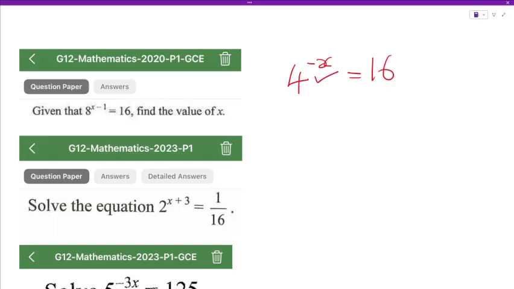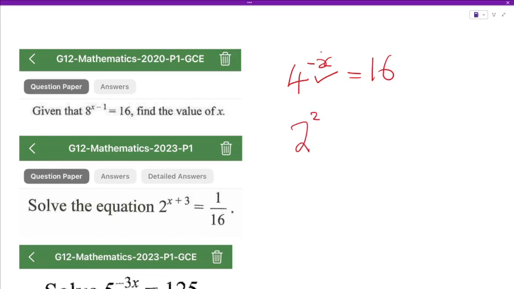You notice that this 4 can be simplified. You know that 4 is the same as 2 squared, because 2 squared is 2 times 2, giving you a 4. So we simplify that 4 using the smallest base possible, so it's going to be 2 to the power 2.